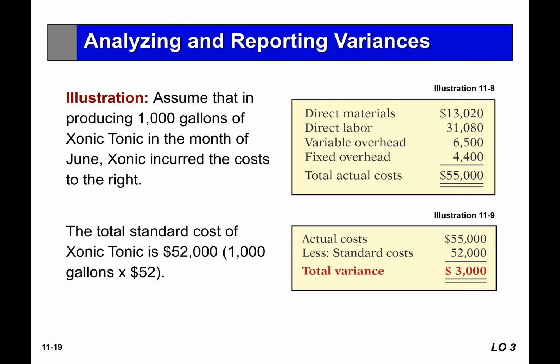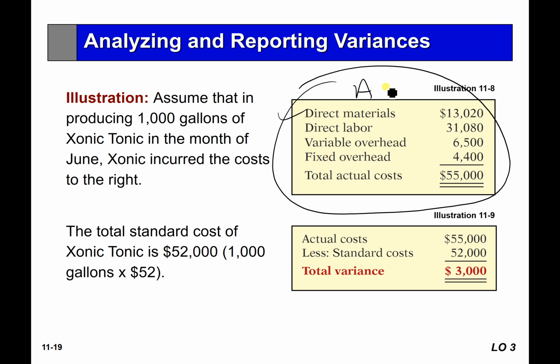Okay, so now the problem keeps going. Remember, I'm going to do this problem, and this is the emphasis of this chapter. So assume that it says, in producing 1,000 gallons of tonic in the month of June, extra incurred. So now they give you the actual cost for 1,000 gallons. And then the total standard cost for X tonic is $52,000, 1,000 times the per gallon cost.